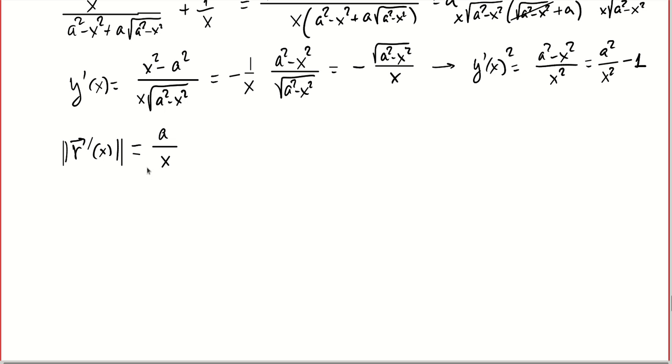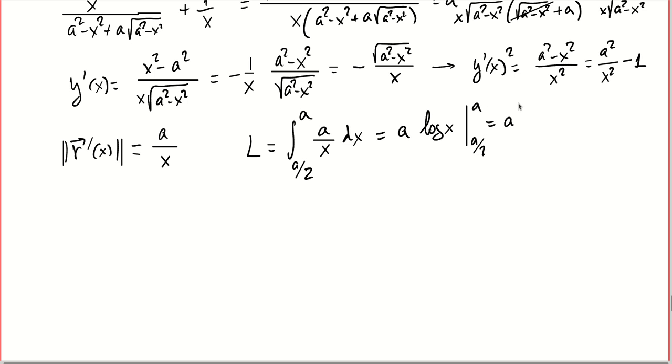Simply that. So the length we want to calculate is the integral from a half to a of this function, a over x dx. This is a times the logarithm of x between a half and a.